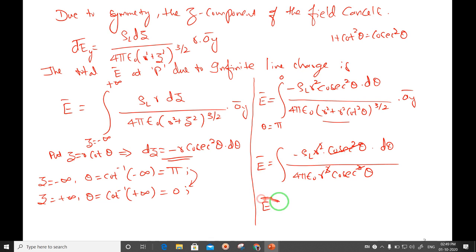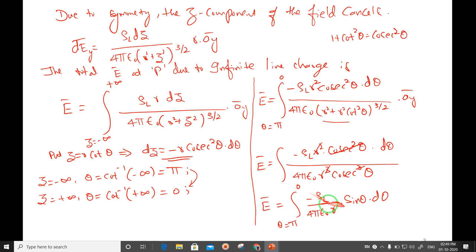1 by cosecant theta is nothing but sine theta. So I will write here E vector is equal to integration of minus rho L divided by 4 pi epsilon naught, this r as it is in the denominator, 1 by cosecant theta is sine theta into d theta. Theta is varying from pi to 0. So this is constant, minus rho L by this term I will take it out.